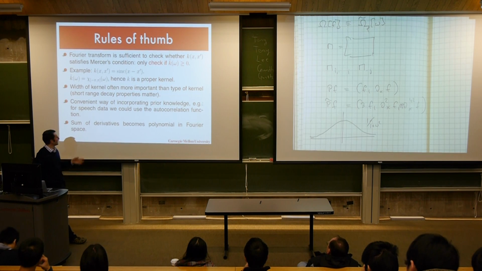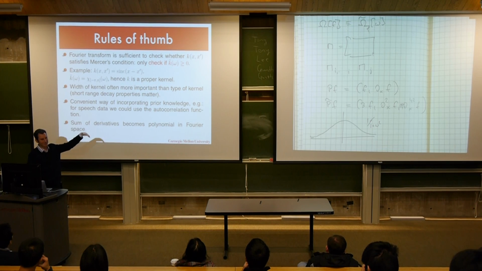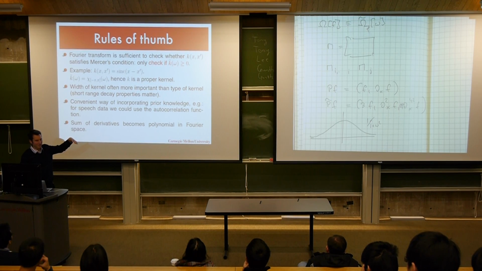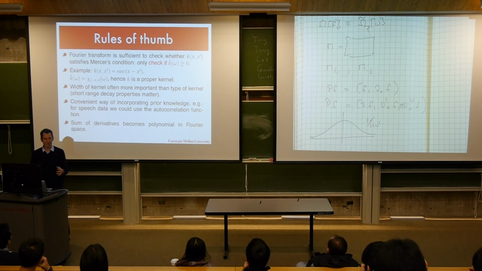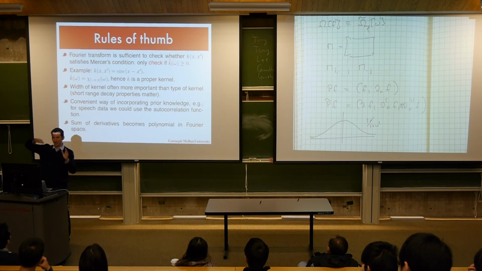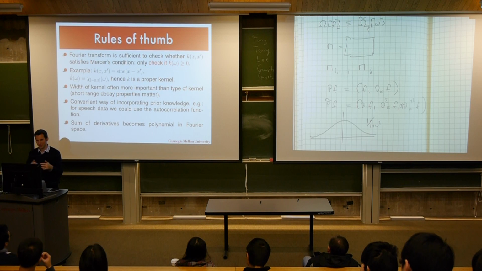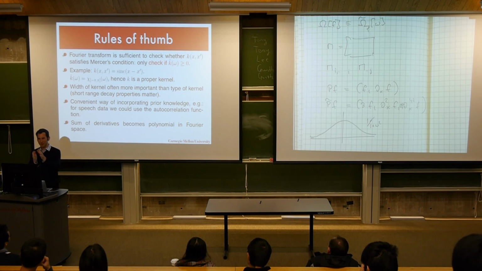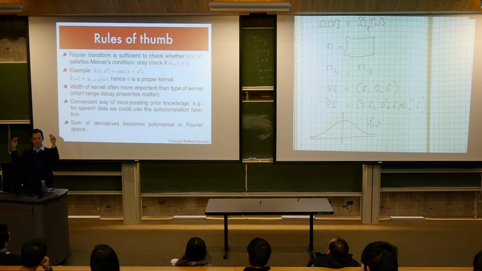So for instance, if I take something like the sinc function, this is sine x over x, and I Fourier transform it, you've probably done this at some point in electrical engineering, or maybe if you did physics, when you have basically a diffraction pattern, right? Then this corresponds to the Fourier transform of the unit interval. And we know that the indicator function there is non-negative, so this basically means I don't know which frequency I pick, as long as it's bounded within some range. And this gives me the corresponding kernel.